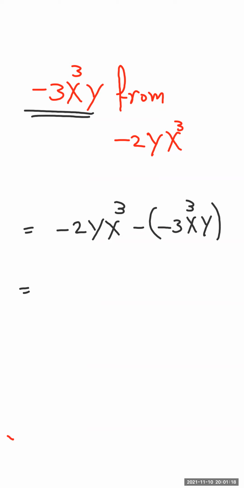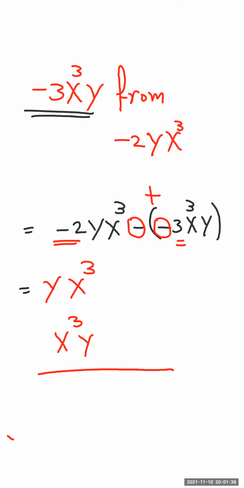So it will equal, take care here, minus negative means plus. So it's negative 2 plus 3. So it will equal 1. In this case, I will write down y x to the power 3, or we can write it in this form, x to the power 3 y. It's the same. Right? Yes. Right. Okay, great.